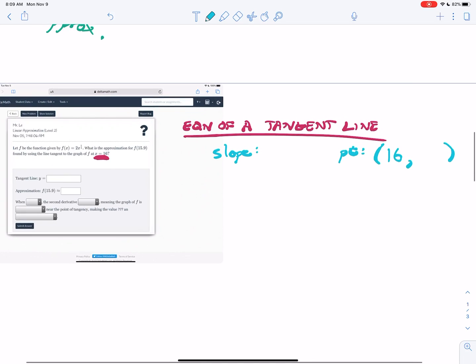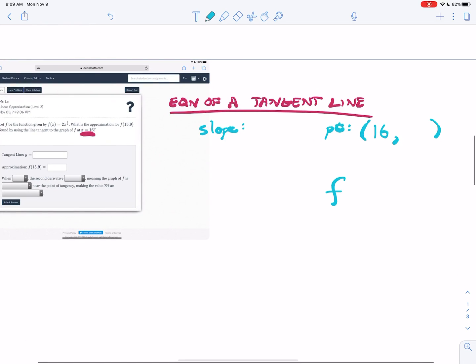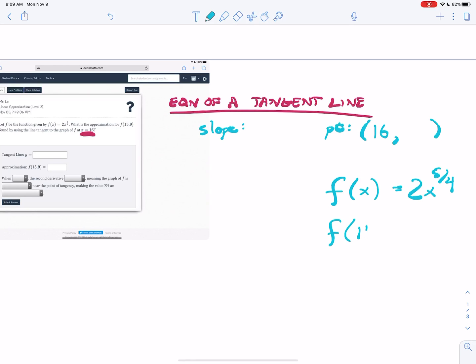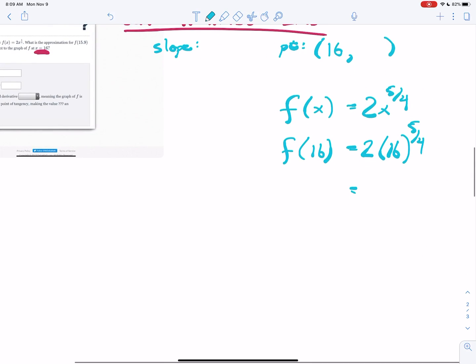So to find the point, you just plug it back into your function, f of x equals 2x to the 5/4. So f of 16 is just 2 times 16 to the 5/4 power. I mean, you could use a calculator here if you want, but you could do this by hand. The fourth root of 16, what number times itself 4 times will give you 16?